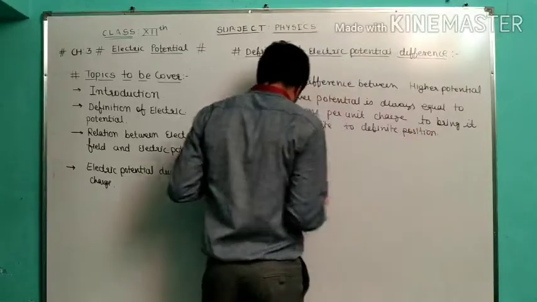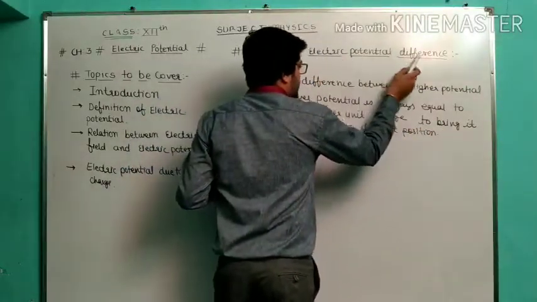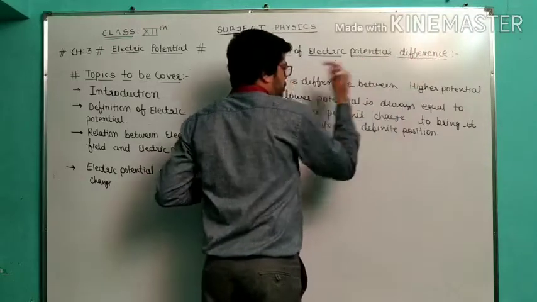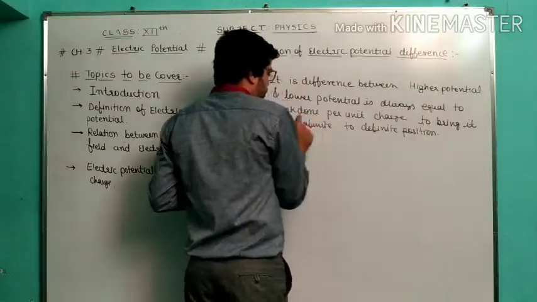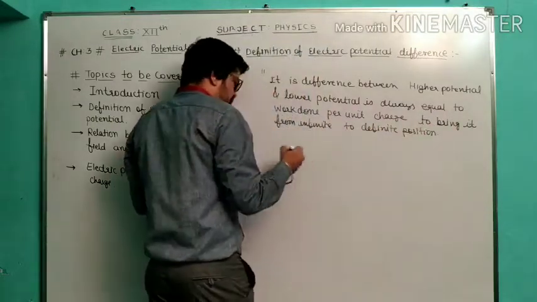So there are very minor changes in the definition. According to the statement in physics, the electric potential difference between the higher potential and lower potential is always equal to the work done per unit charge to bring a charge from infinite to definite position.